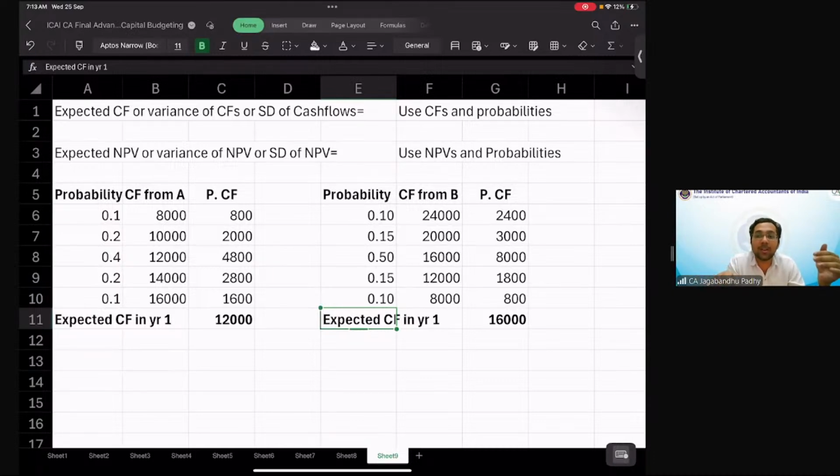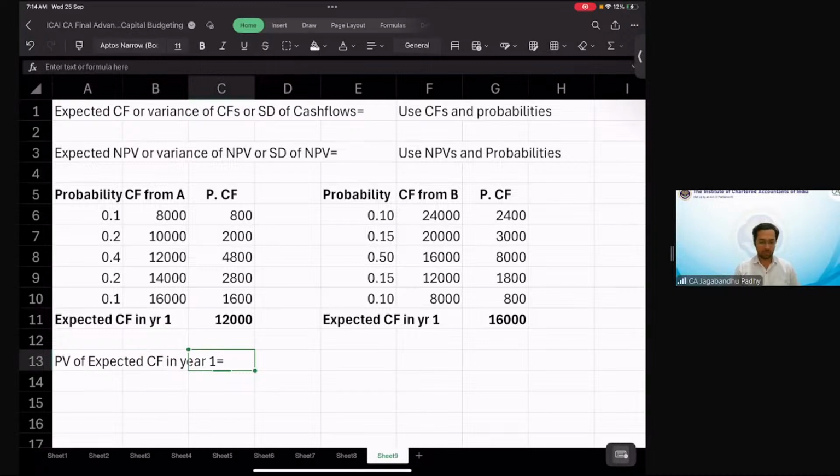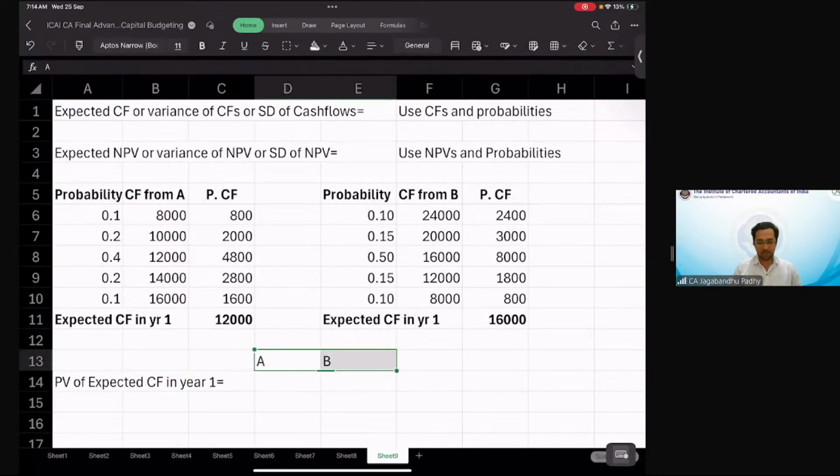That is also going to be an expected NPV. So when we are looking at expected NPV, we can simply say it is the present value of expected cash flow in year one, as far as both projects are concerned. Project A and project B.